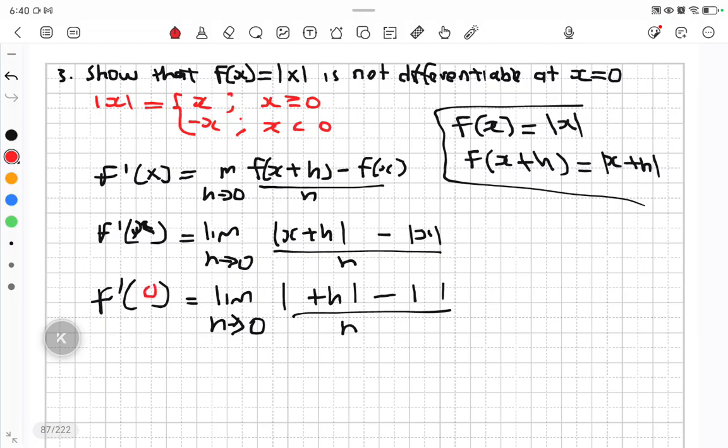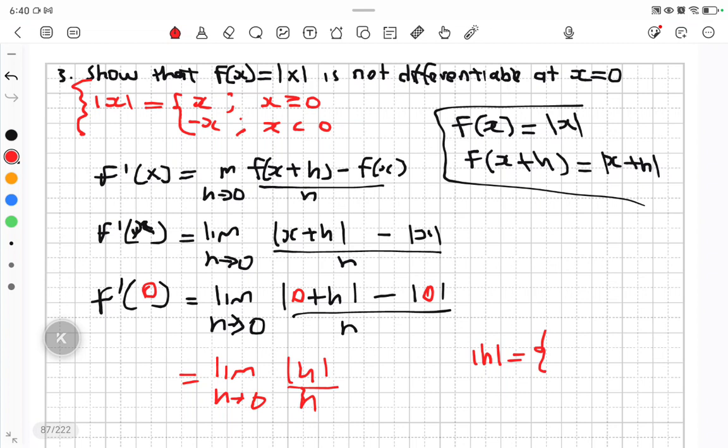So we can just do that. Replace x by 0. And this will be the limit as h approaches 0 of the absolute value of h over h. So in this case, since we know this, it will be simple for us to know what is the absolute value of h.